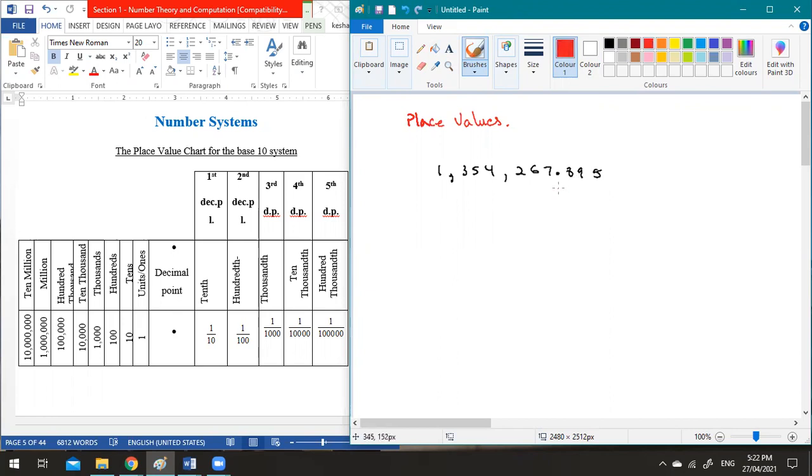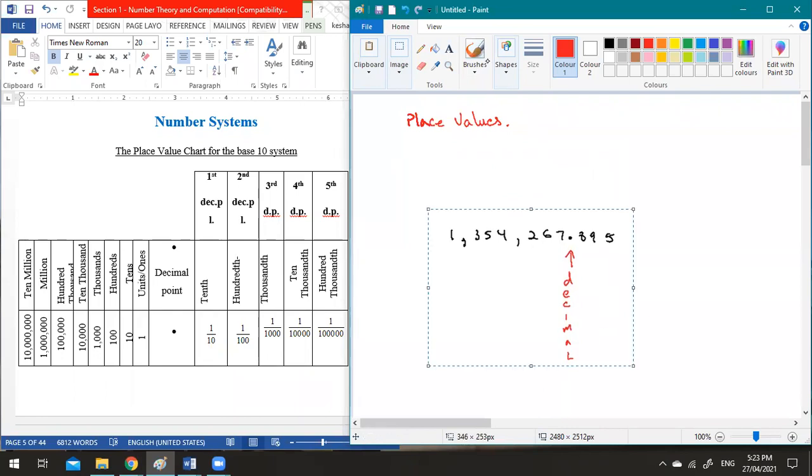So we know that this is the decimal point. And the decimal point represents where a whole number starts, or the unit starts. And then on the right hand side of it will be fractions, right?